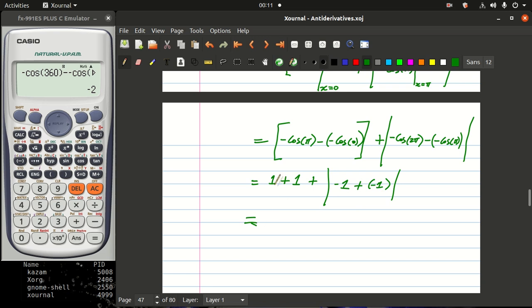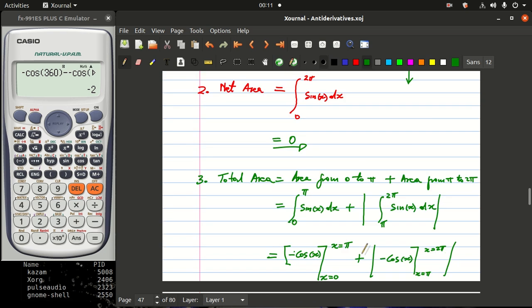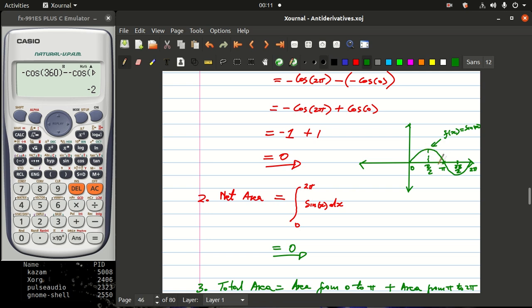And then you can see that this plus that is a 2. And when it comes to this one here, I will end up having the absolute value of minus 1 plus minus 1, that's minus 2. And then of course the absolute value of minus 2 is going to be a 2, and now you end up getting a 4. So this is the total area of this region plus the area of that region.